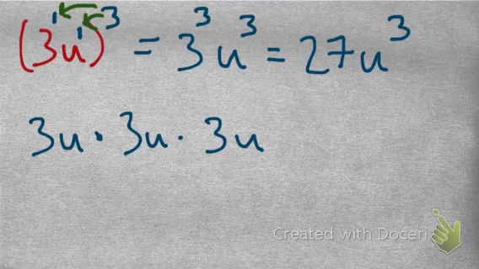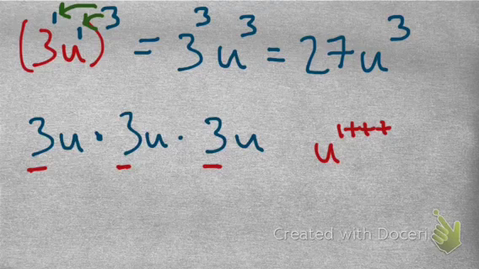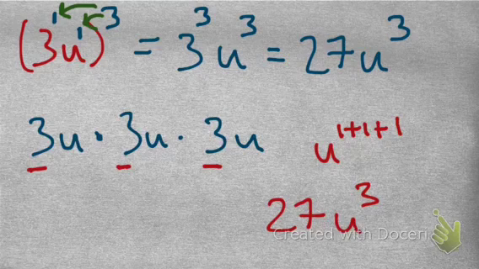Well, I'd end up with 3 times 3 times 3, that would give me 27, and I'd also end up with a u, and another u, and another u, so that would give me u to the 1 plus 1 plus 1, because whenever you have a common base, like u and u, we add the exponents. So I get the same answer, 27 from 3 times 3 times 3, and u cubed. But it was a lot faster to use our new property.